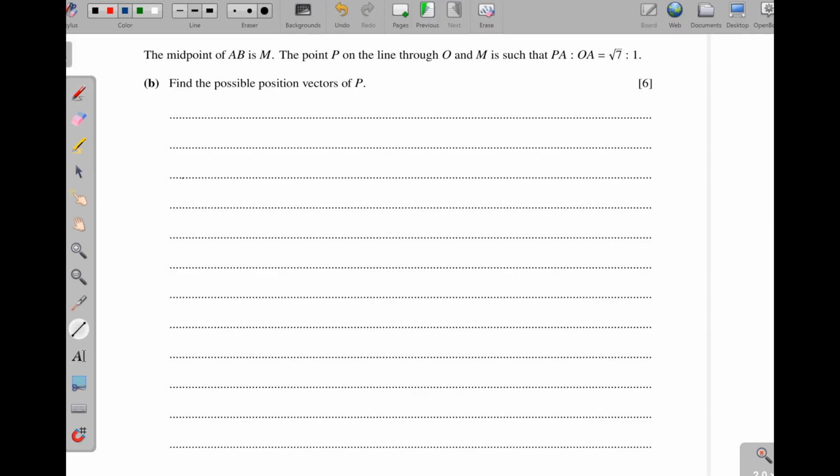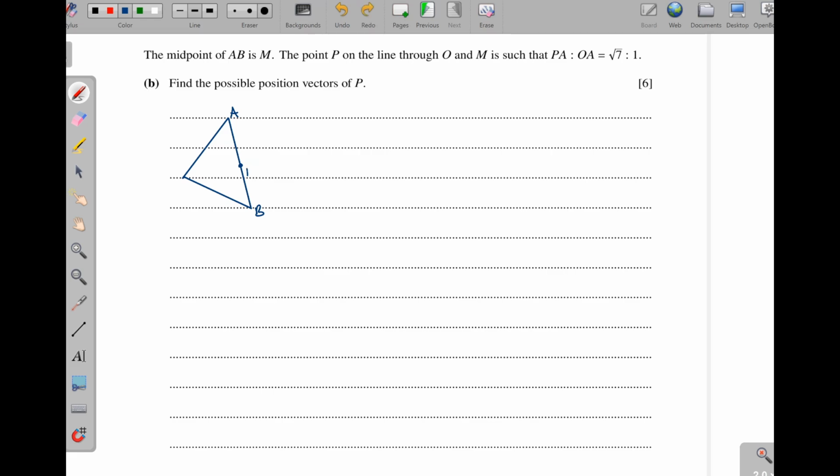In a small sketch, just like before, I had something like this, where I had this one as A, then this one as B. Then if I connect A to B, they have said that M is the midpoint. So maybe M is here.